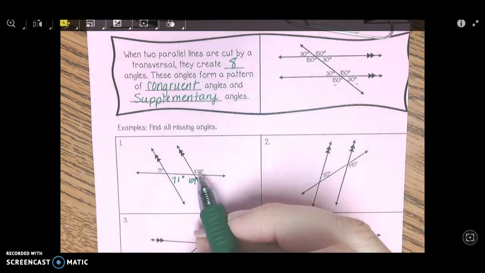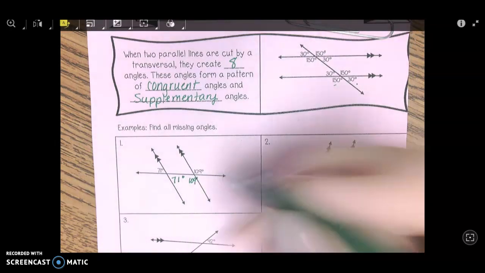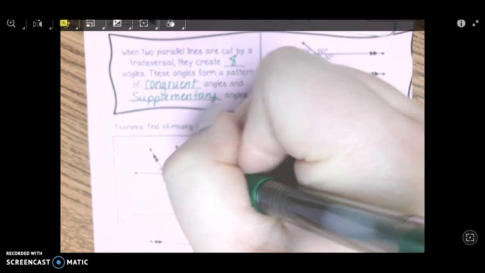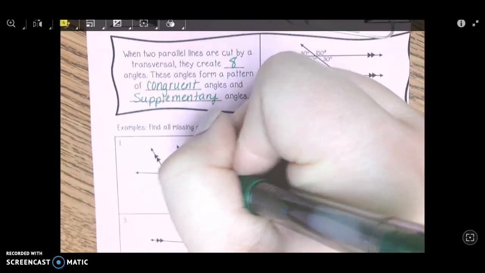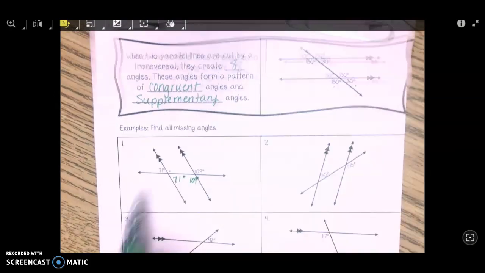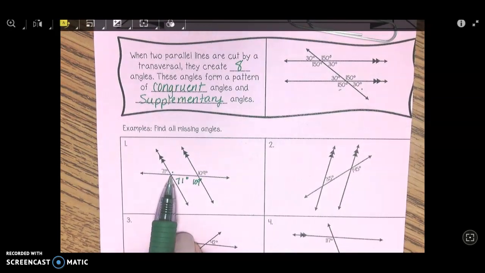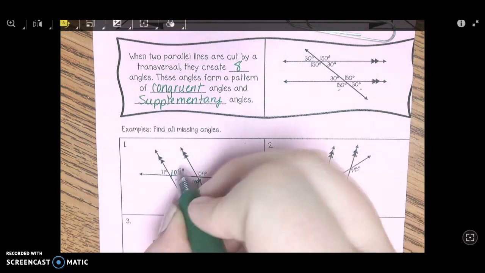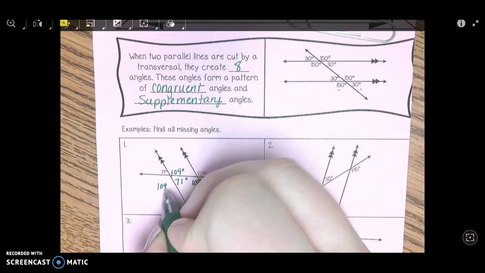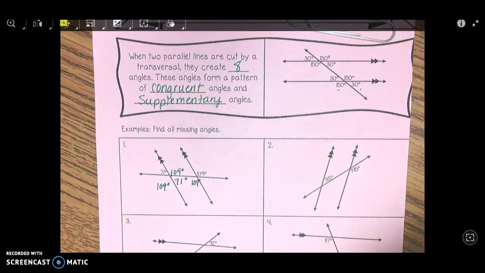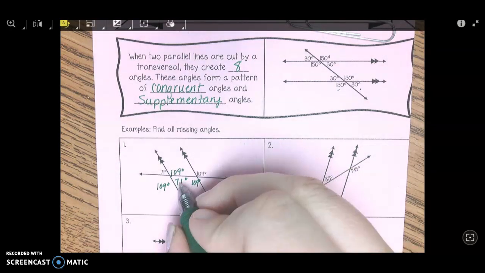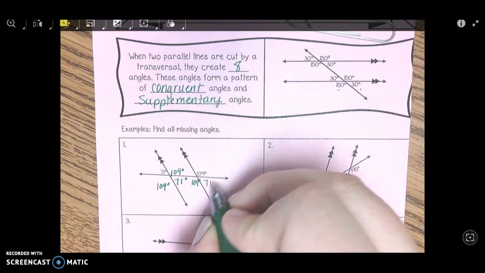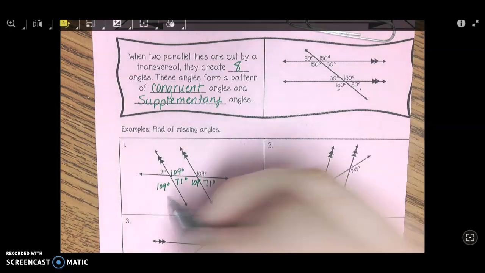All right. Do you see that this is 109 and corresponding to this angle would be here? So that, where I put the dot, is going to be 109. And then vertical to that is 109. And then here would be 71 and 71.